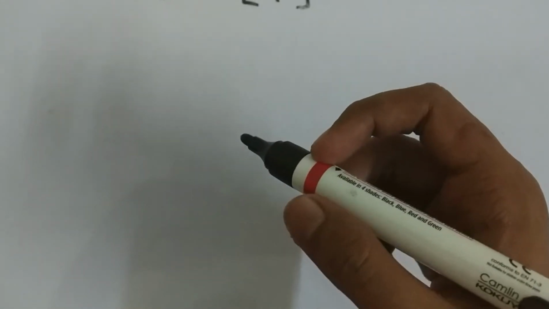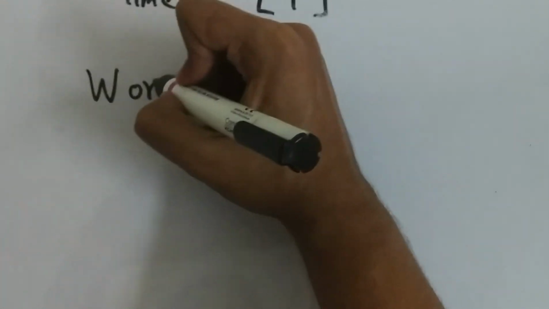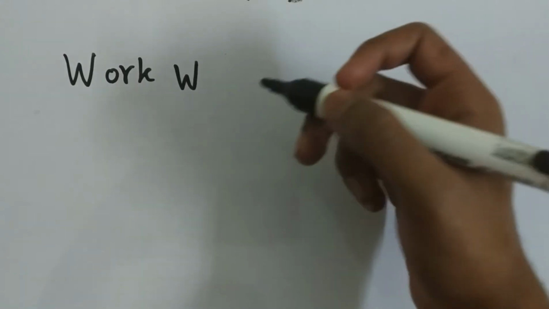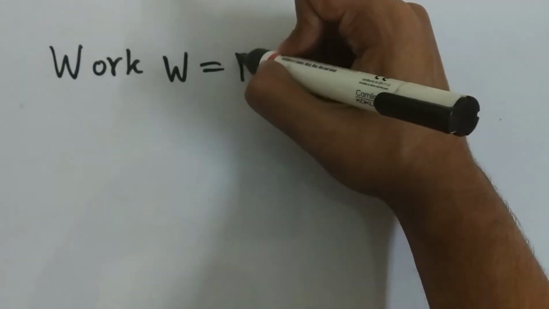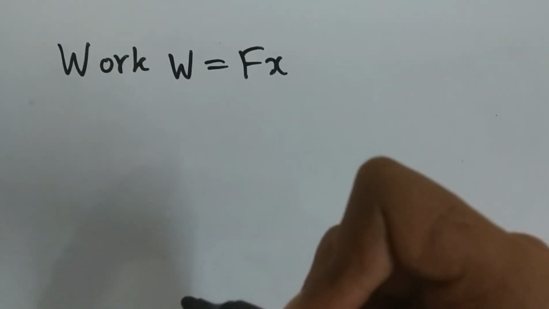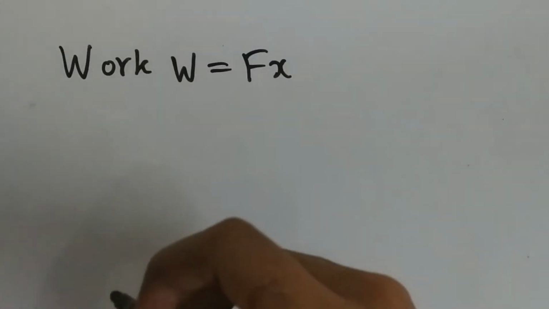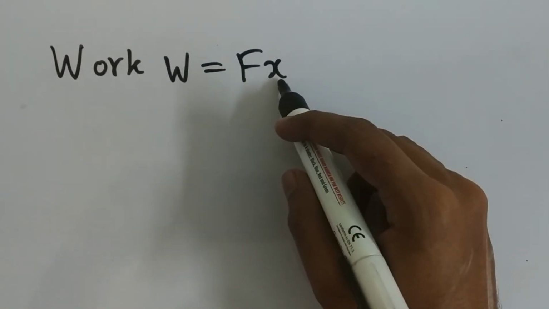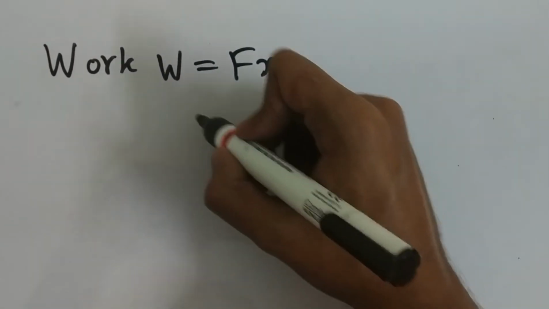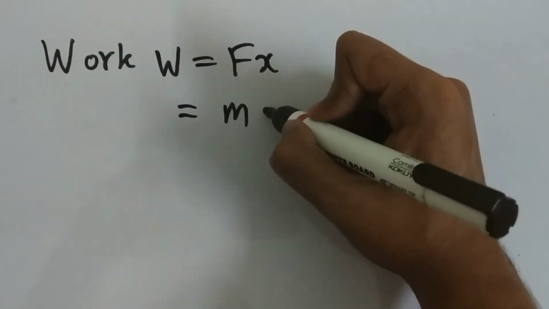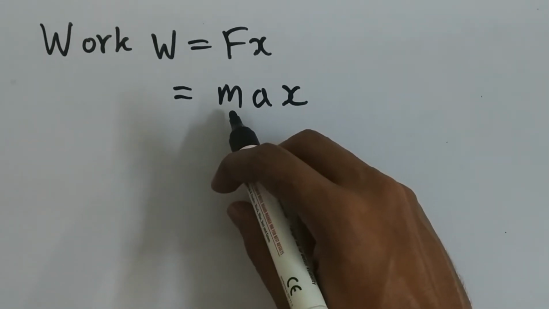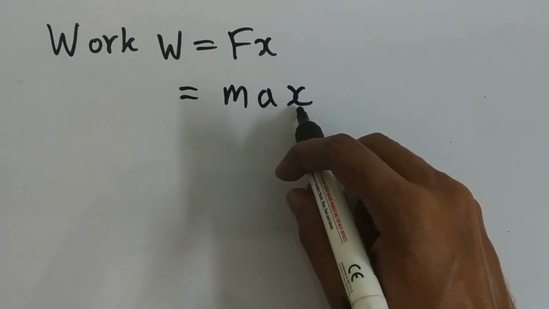Another use of dimensions is, you can predict the units. Now suppose you take work W. I don't know the unit of work, but I just know W equals Fx, force into displacement. Now I don't know the unit of W, but I know the unit of x. I don't know the unit of F. So I'll write F equal to ma. Now I know the unit of mass, I know the unit of acceleration, I know the unit of x.